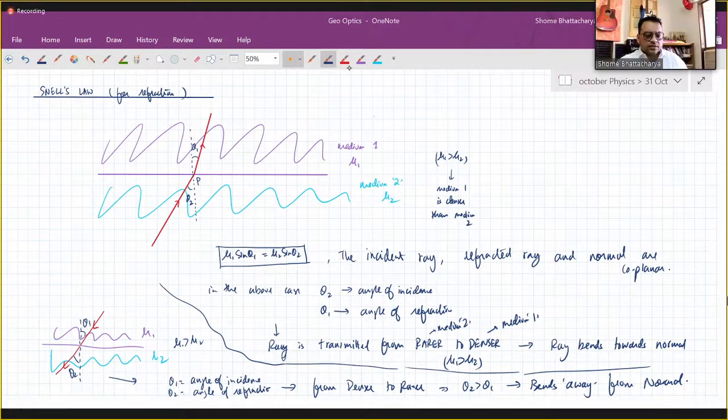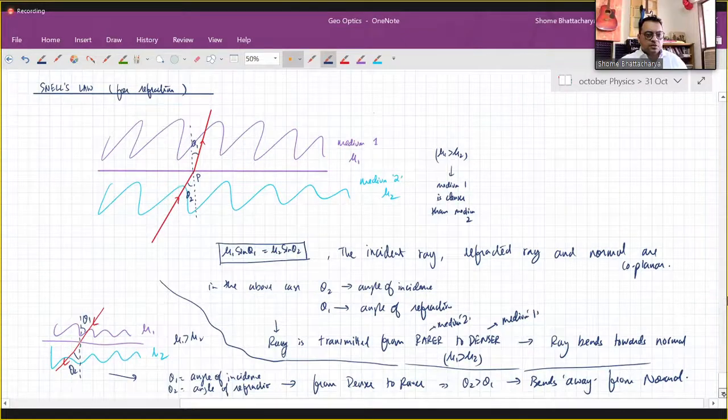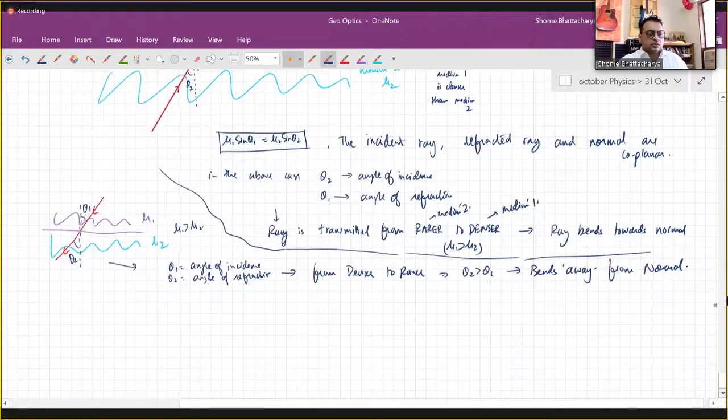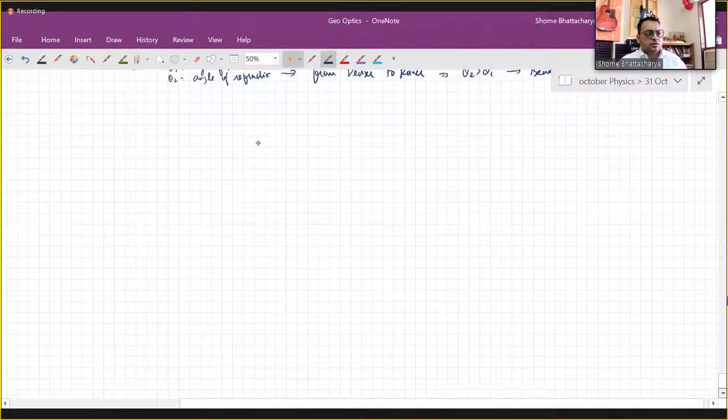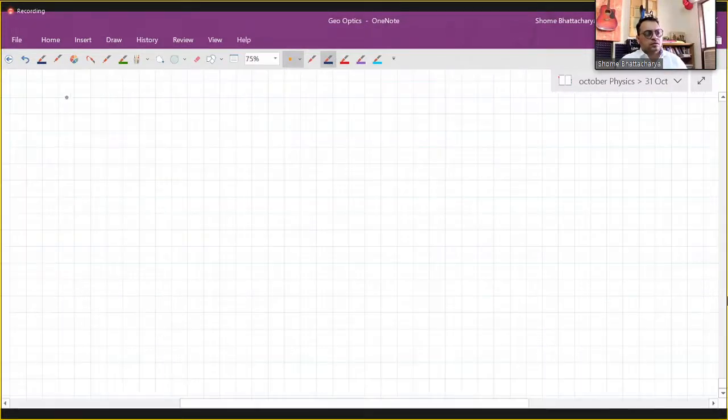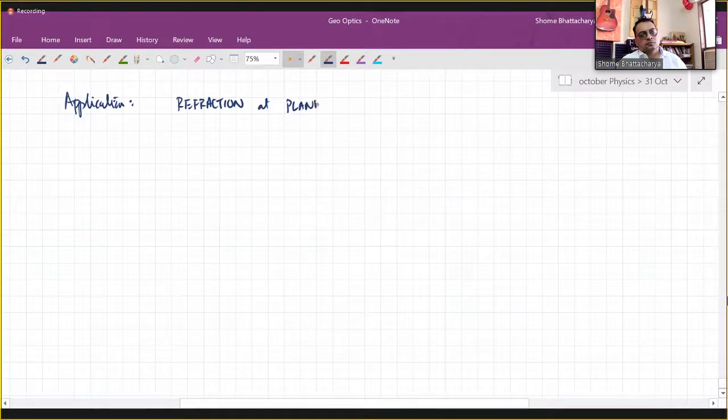Okay, we will. So this is Snell's law. We will quickly look at the main important application of Snell's law for refraction at a plane surface, for what is called normal view.